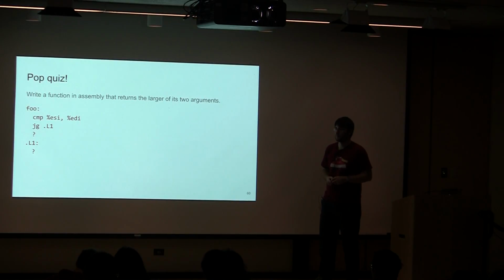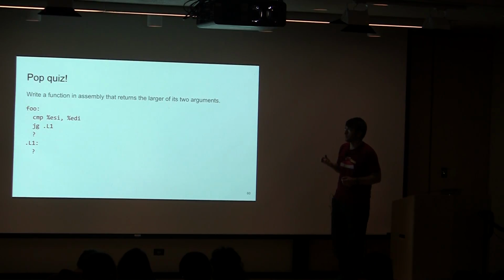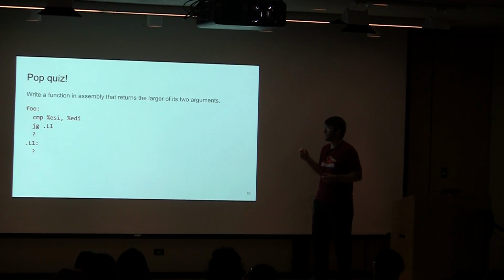Move EDI to EAX? Exactly, yeah. Then we did the comparison so we know which one is bigger, and so we just have to move it into EAX. But we have to be careful, right? That JG will jump if EDI is greater than ESI.